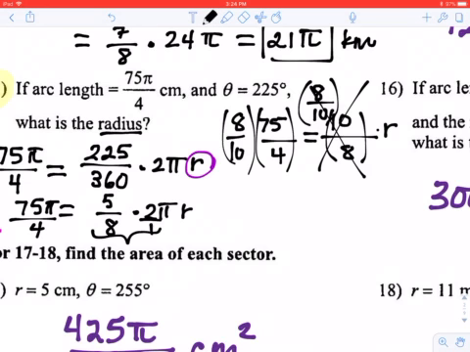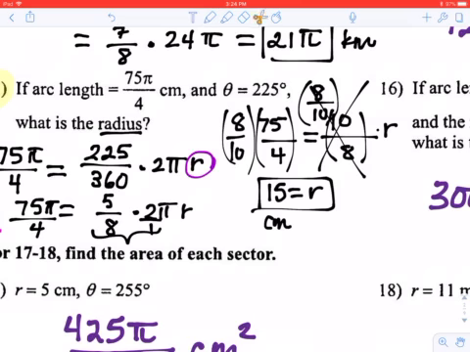So you take 75 over 4 and multiply by 8 over 10. If you're doing all this on your calculator, don't forget your parentheses, so you don't make a silly mistake. So that's simply 15 centimeters, and that's my radius.